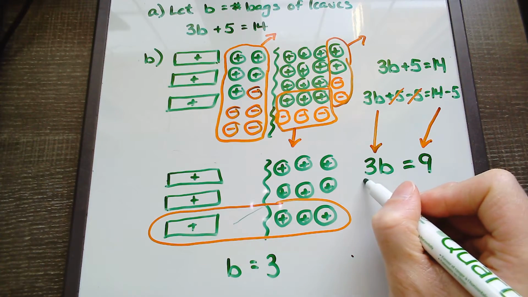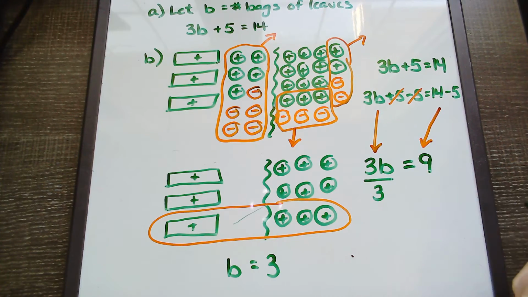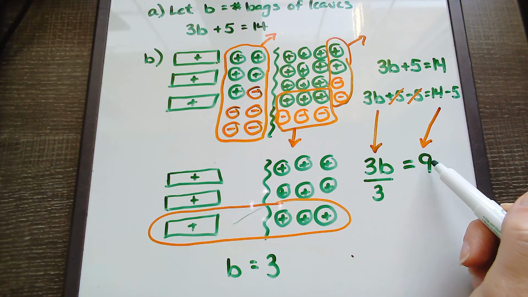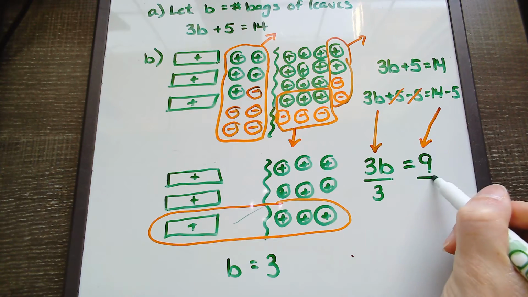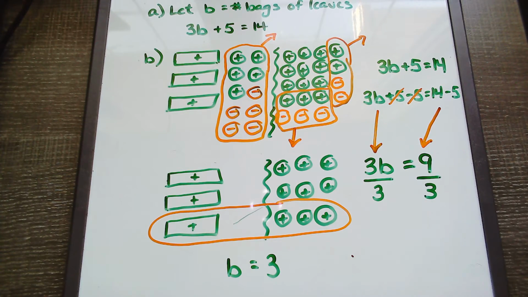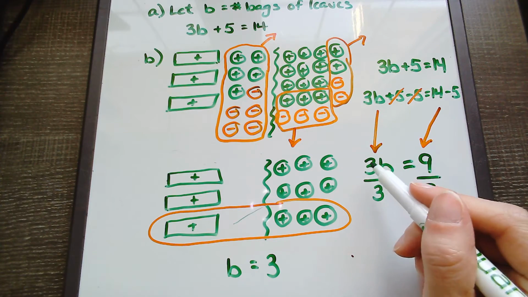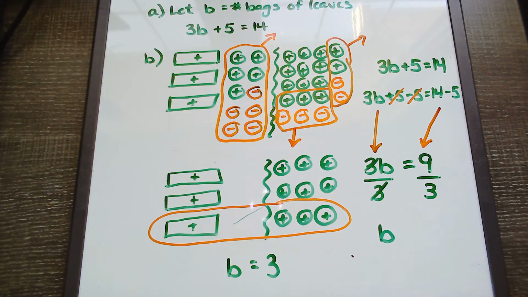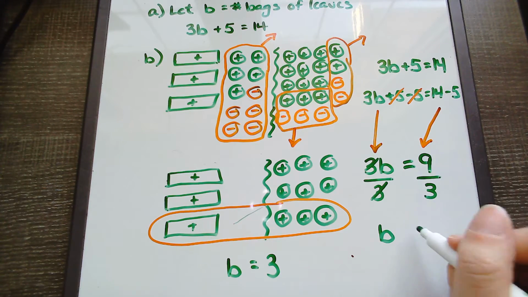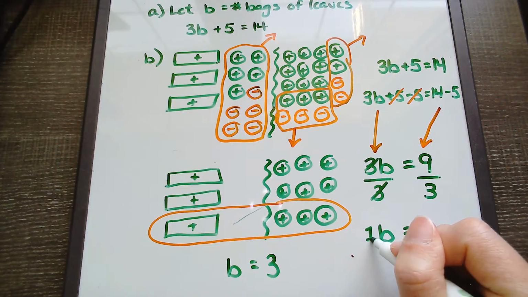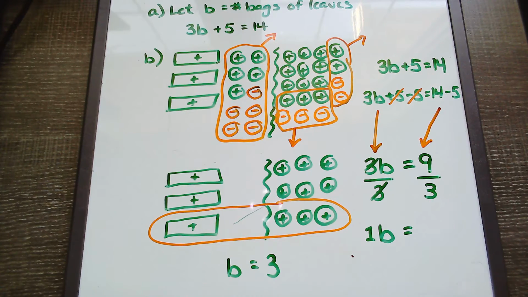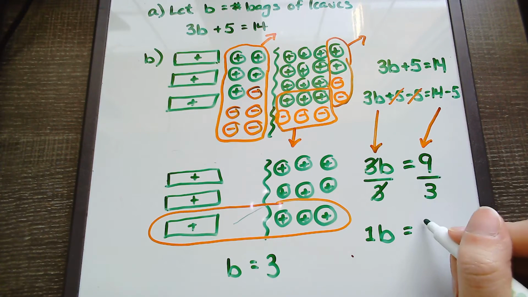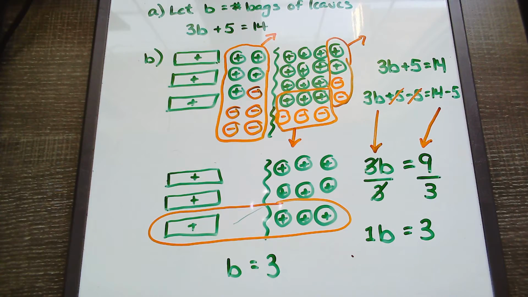So I have divided this side by 3. And what I do to one side, I have to do to the other. So 3 divided by 3 gives me just b, or 1b, if you want a 1b, that's okay as well. 9 divided by 3 is 3. So we have that same answer.